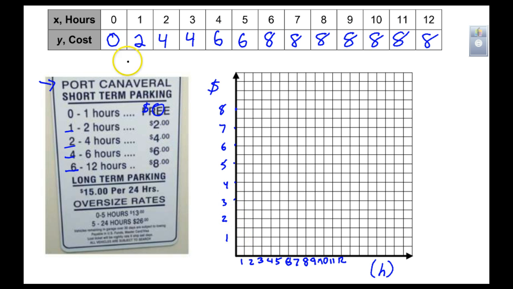And then use this as an x, y graph. So on the graph, on the x, from 0 to 1 should be 0. Because hours is down here, so from 0 to 1, that's this little tiny area right here. That's an open circle. And then from 1 to 2, it's going to be at 2.